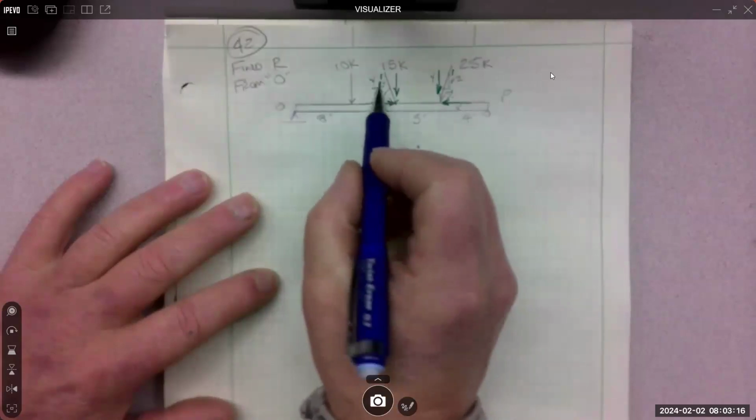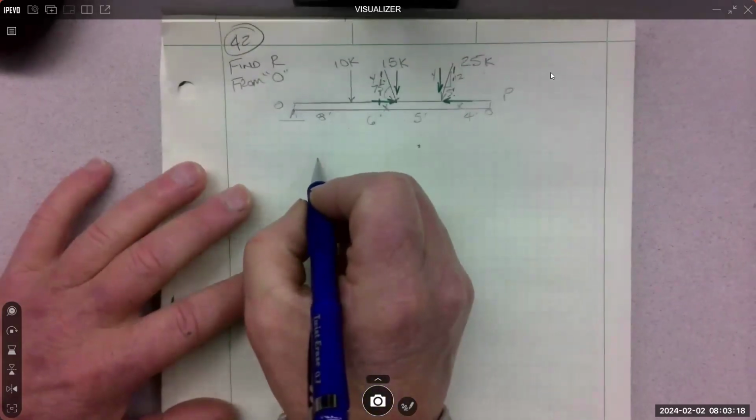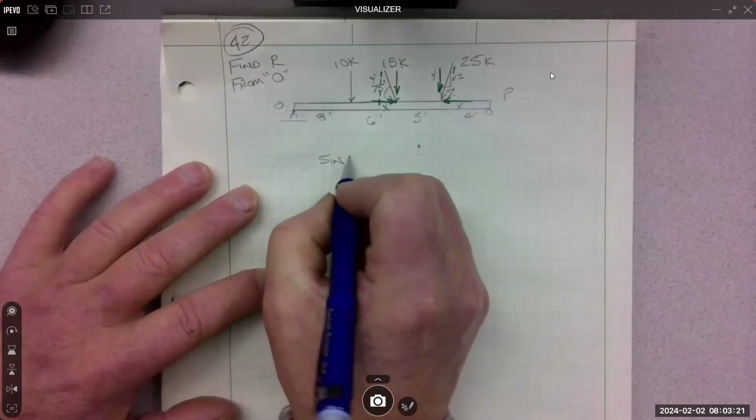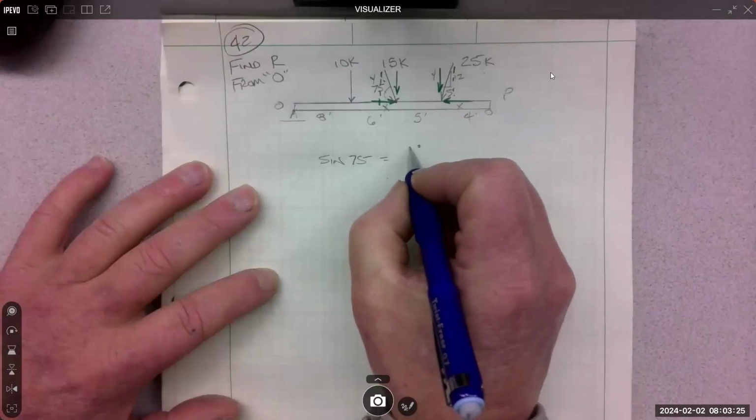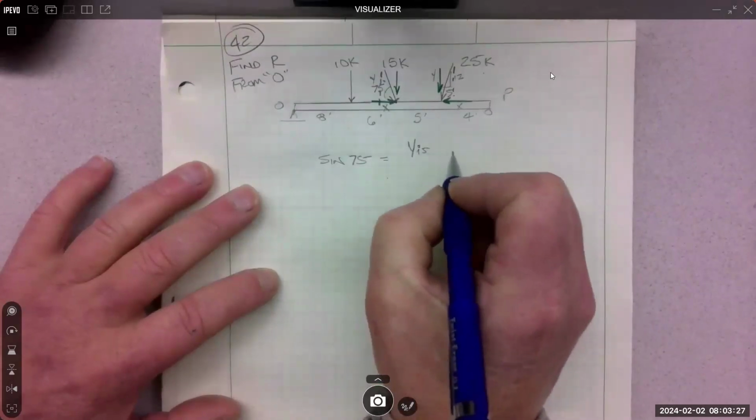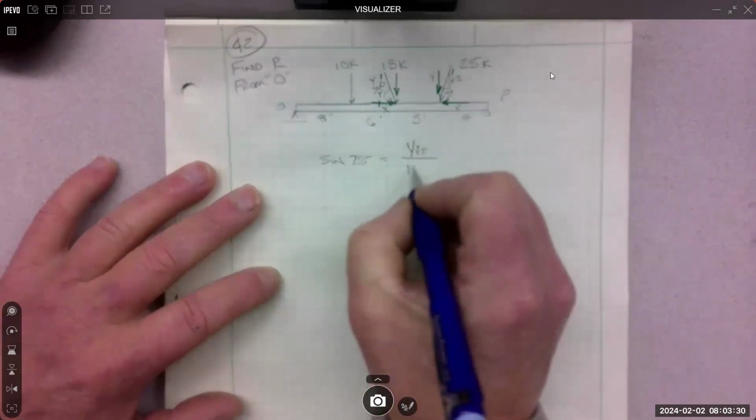Using the 75 degrees, opposite is the Y. So sine 75 equals opposite, Y of the 15, over 15K.